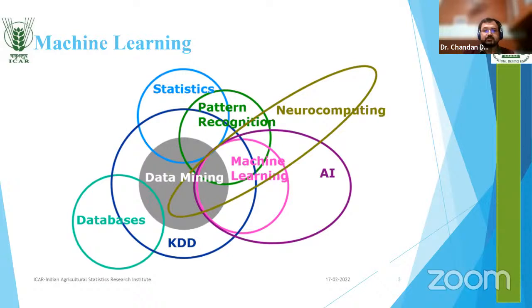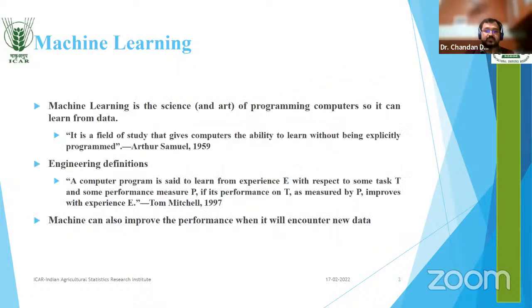All these subjects are in one way or another related to machine learning. It is not a very young field, but presently it is getting more popular nowadays, though it is a very old field.